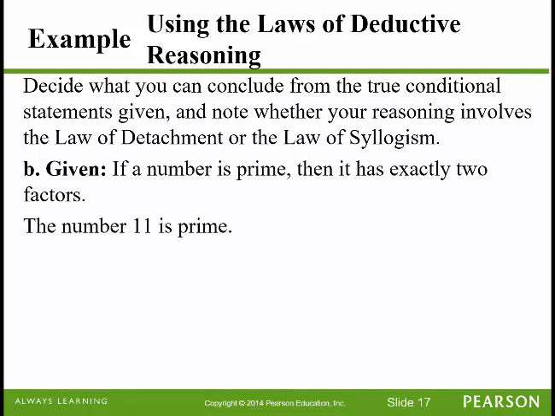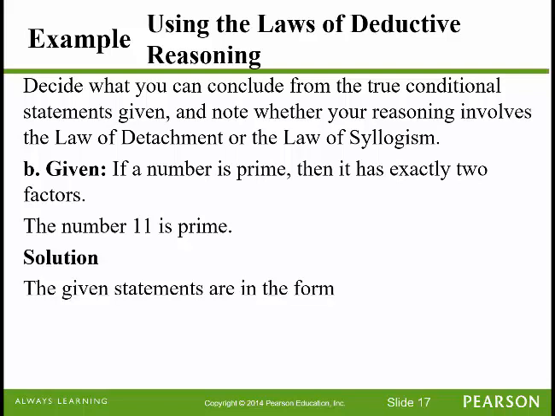Let's do another one. Again, decide what you can conclude from this true conditional statement, and say whether you use the law of detachment or the law of syllogism. If a number is prime, then it has exactly two factors. The number 11 is prime. So what can we conclude? The given statements are true in this form: P implies Q, if a number is prime, then it has exactly two factors. And the other statement, 11 is prime, is also true.